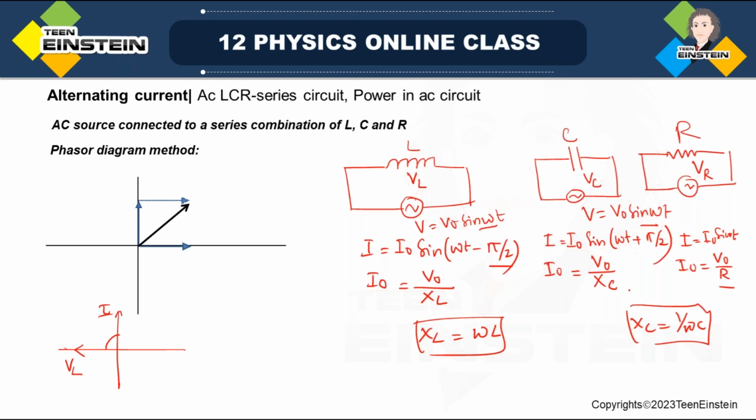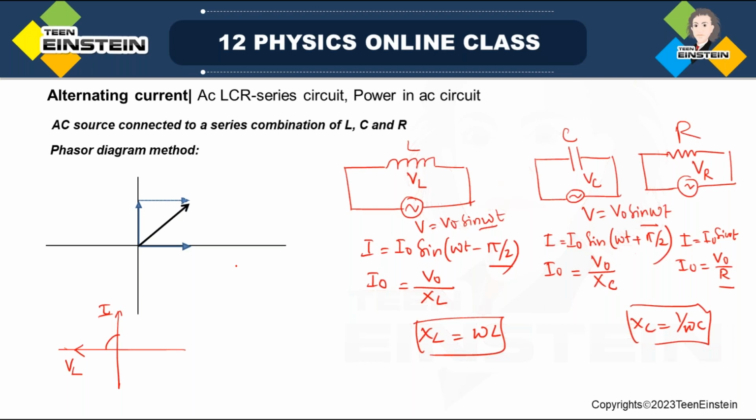And see VR and the current, the current and voltage in the purely resistive circuit, there is no phase difference. So current is this, voltage will be in the same direction.